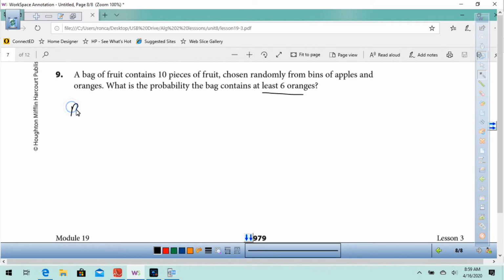That's the probability that R is greater than or equal to 6, which is the probability of 6 plus 7 plus 8 plus 9 plus 10.